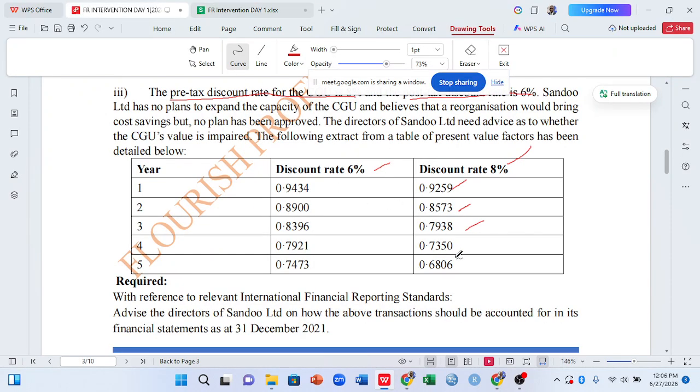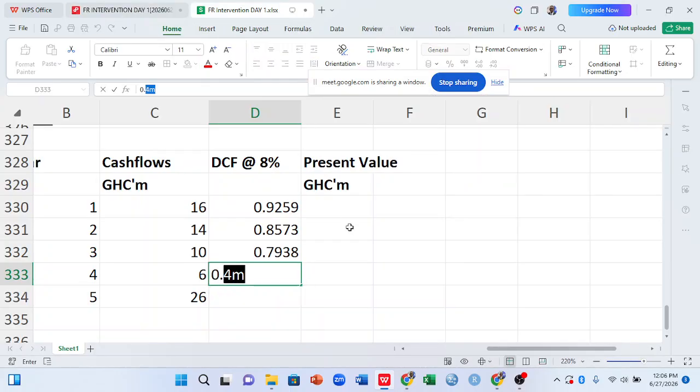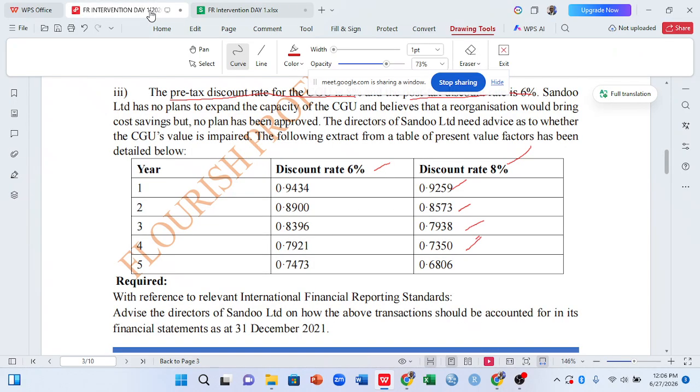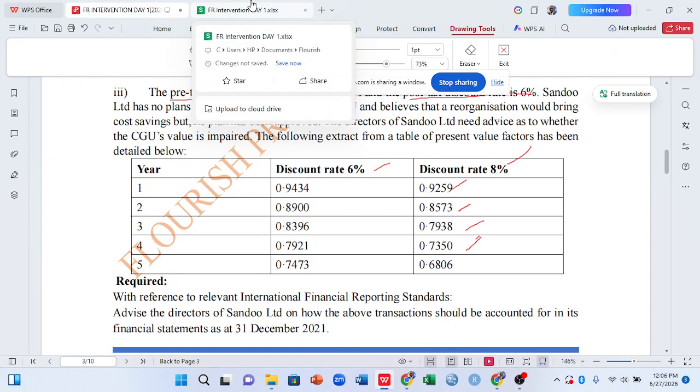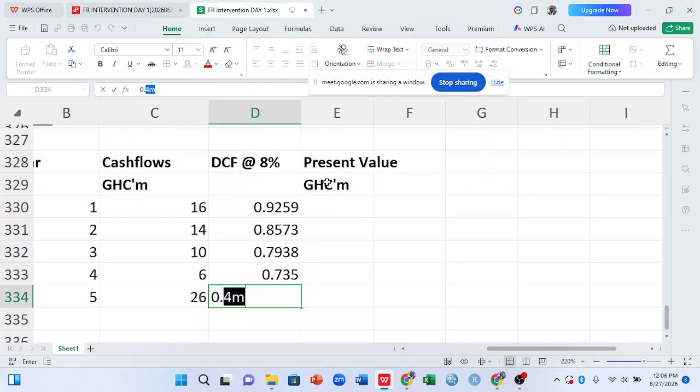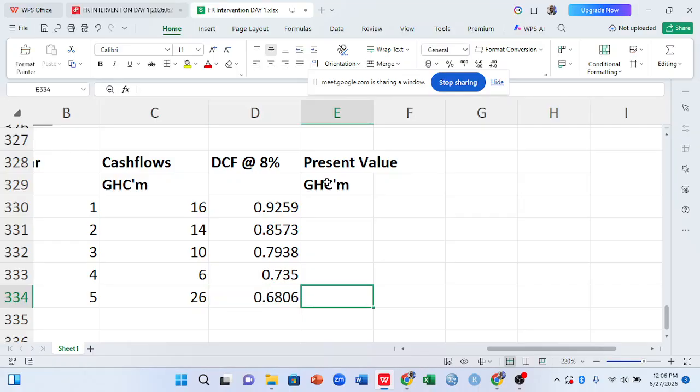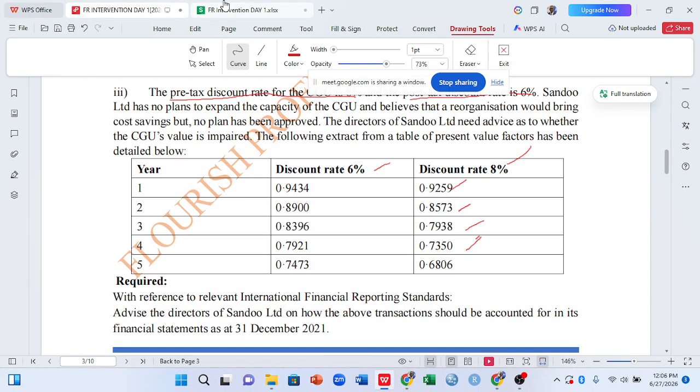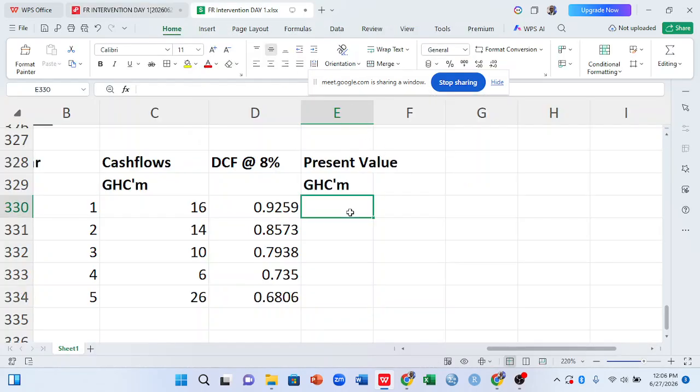Then next 0.7350. Then 0.6806. We multiply each to get their respective present value.